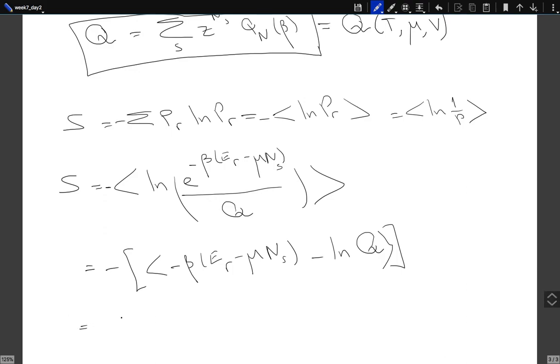which is equal to, well, let me just multiply out the minus signs, and I have beta U minus mu beta N. These are the averages. And then I have the average of the logarithm of Q, but keep in mind Q is just a number, a normalization constant. So its average is just itself.